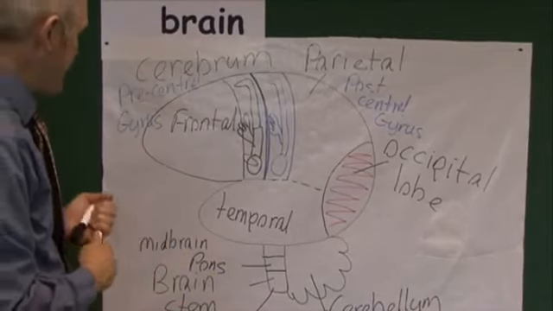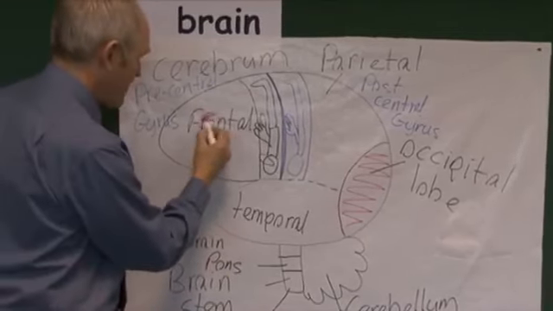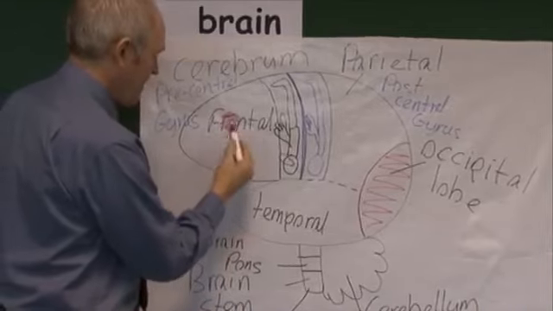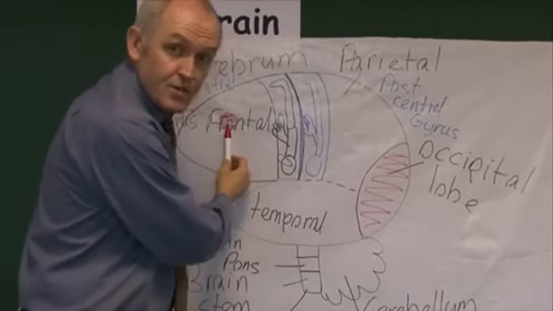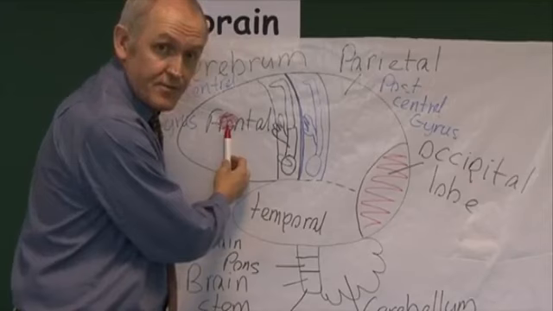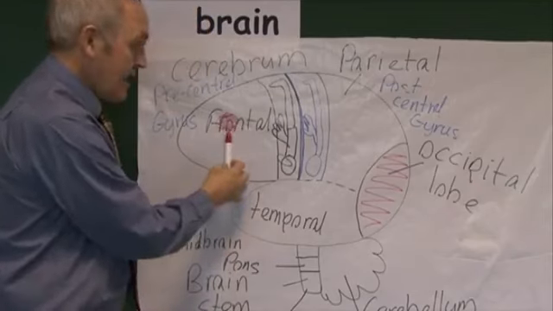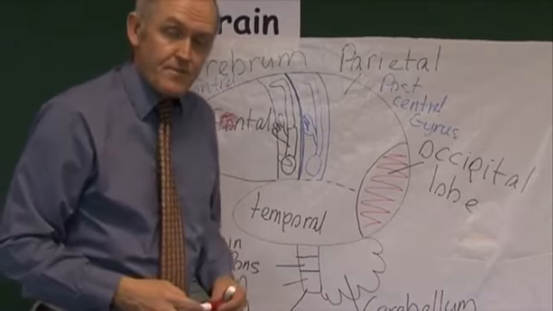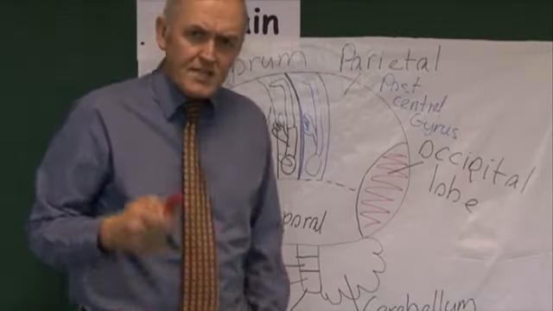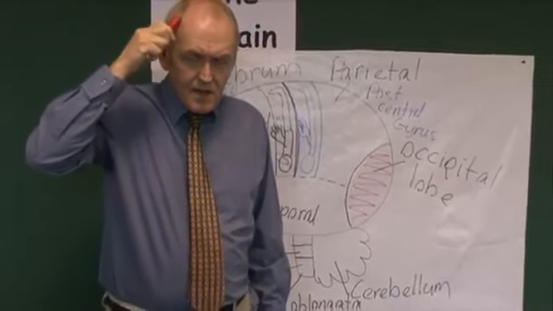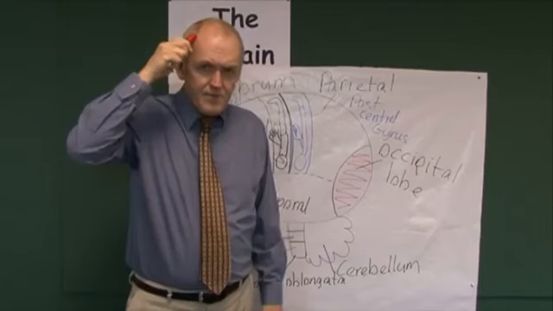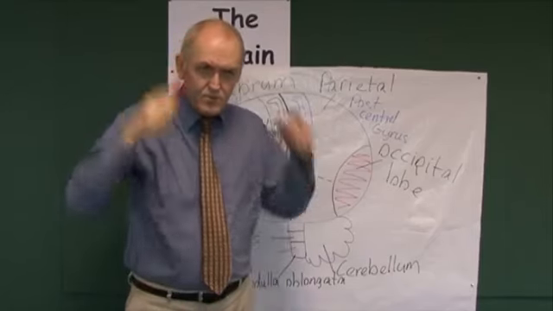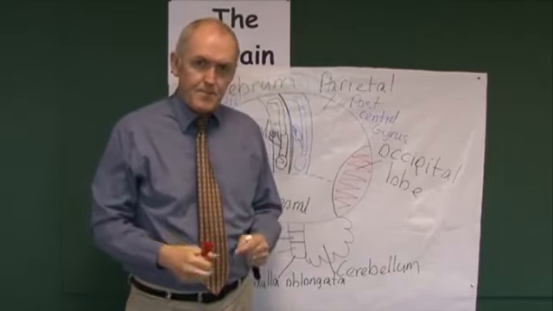Now there's also an area here in the frontal lobe, and that area is called the frontal eye field. The frontal eye field controls eye movement. And it's on the opposite side, so the frontal eye field in the right hand side of my cerebrum is controlling the movement of my left eye.